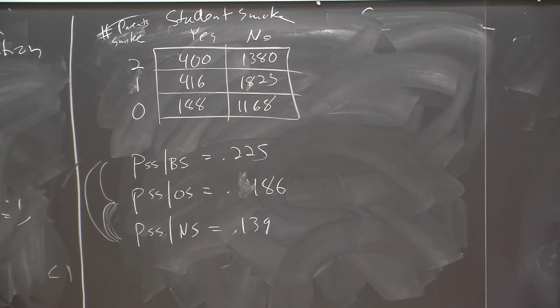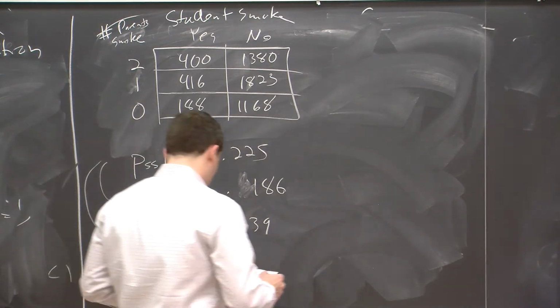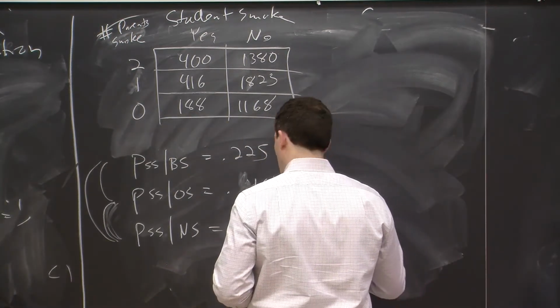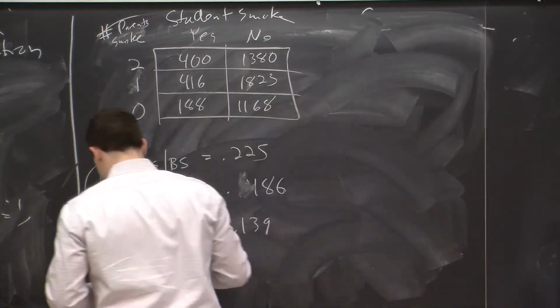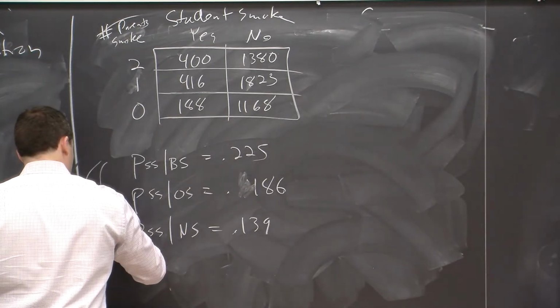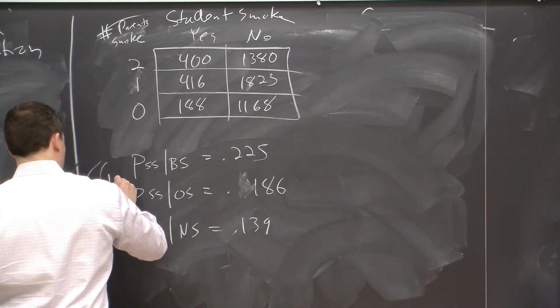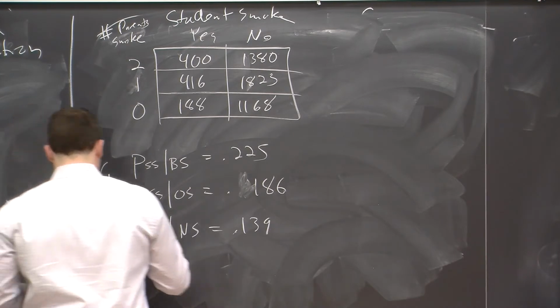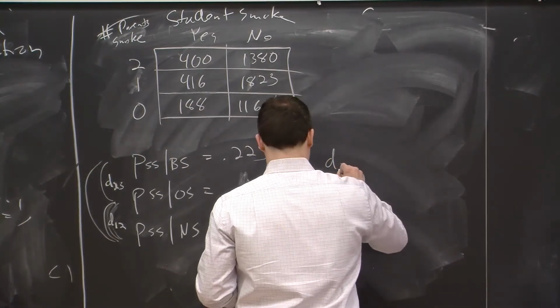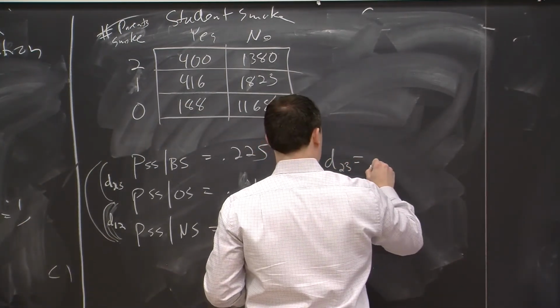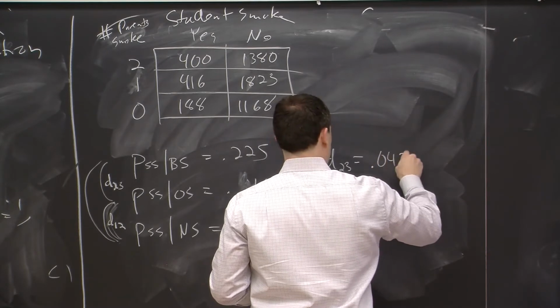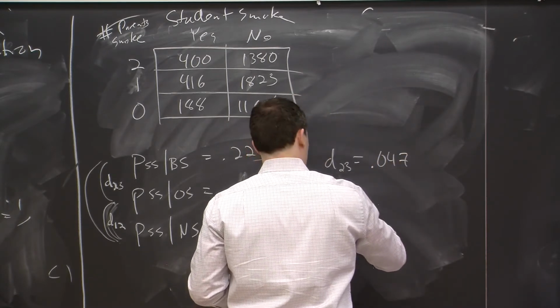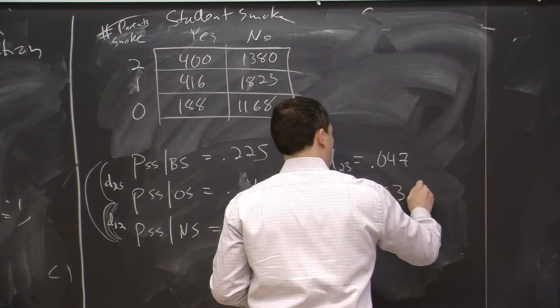So let me see. These numbers, this is difference in proportions 1, 2, difference in proportions 2, 3. D2,3 is 0.047, and D1,2 is 0.039.